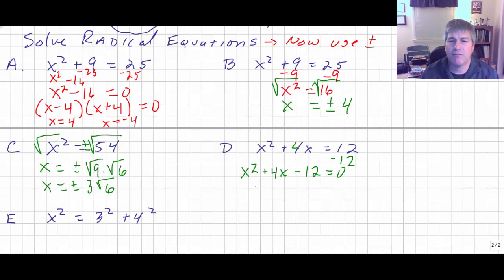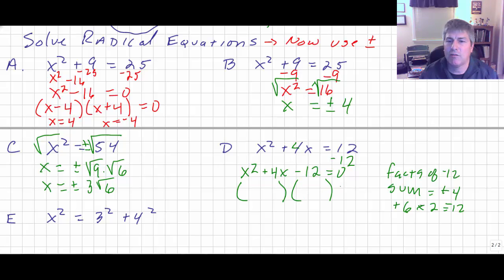And now I'm going to have to factor this. So I'm looking for factors of negative 12 whose sum is a positive 4. Well, 6 times 2 is 12. And if I have a positive 6 and a negative 2, that'll give us a negative 12. And those are going to be my factors. But I also have to make sure I have factors of my x squared. We kind of take this for granted.